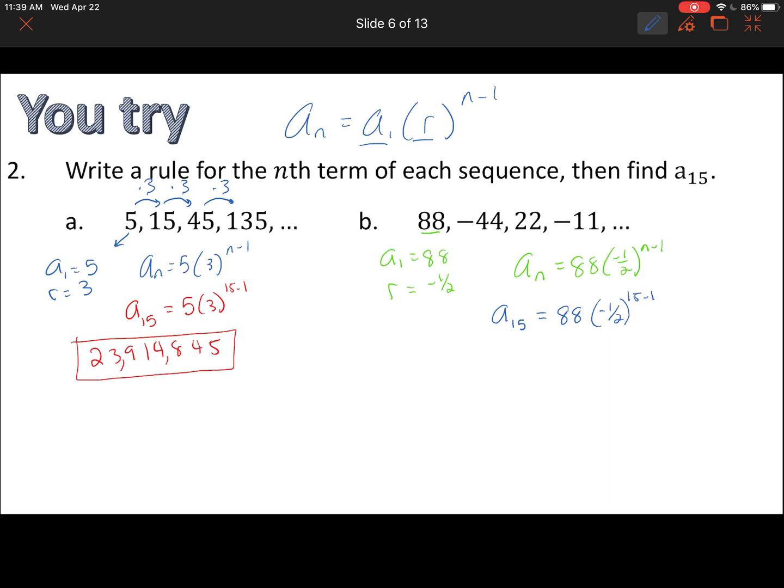Oh boy, really small decimal, which does convert to a fraction, so I'm going to do that. Our 15th term is 11 over 2048, which is about 0.0054. All right, there's my 15th term.